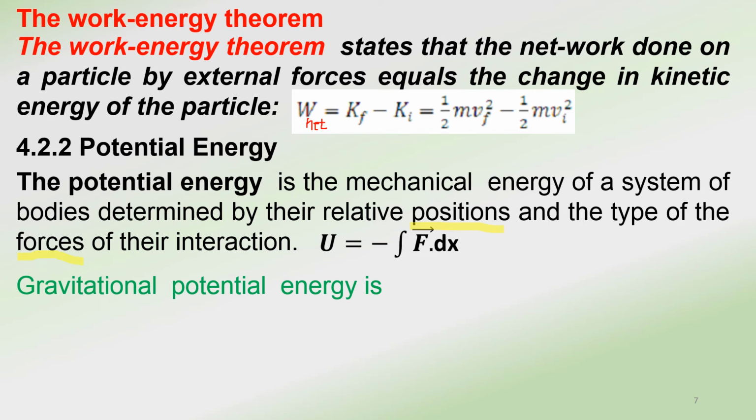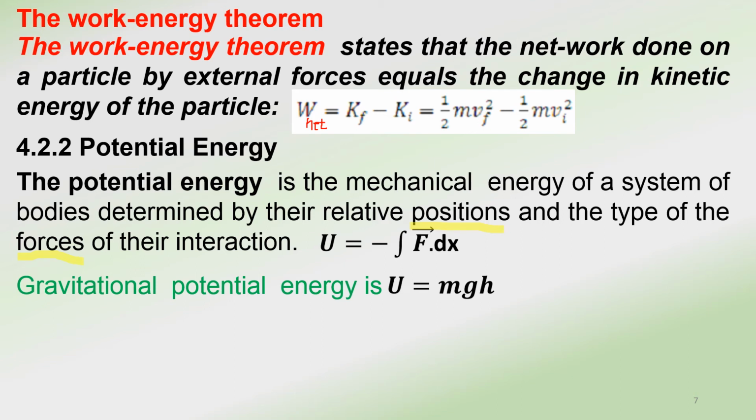Then, as we are familiar with bodies moving in the atmosphere near the surface of Earth, such as bodies in free fall and projectile bodies, all bodies are under the action of a force of gravity, which is equal to mass times the acceleration due to gravity. It's the reason why their potential energy is called the gravitational potential energy, which is given by U equals mgh.